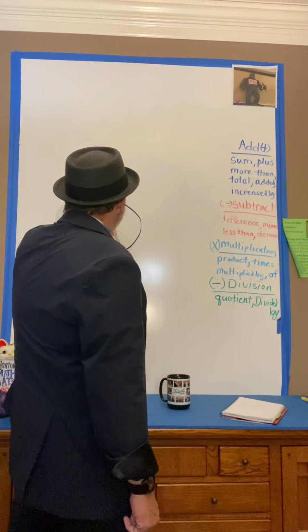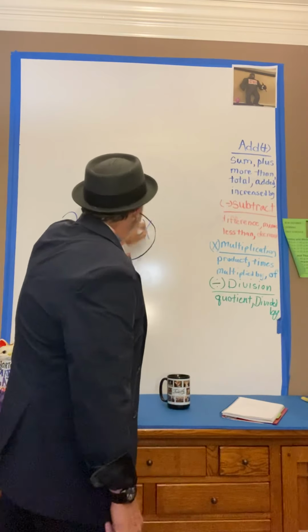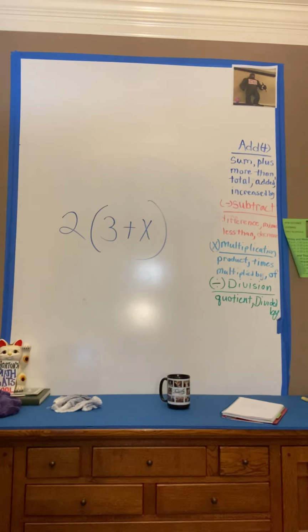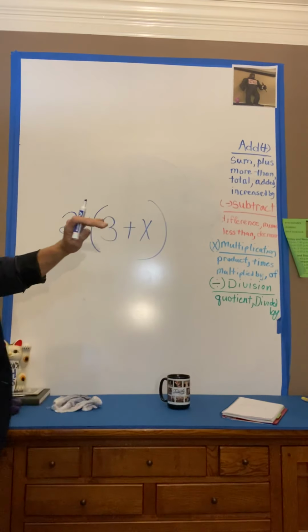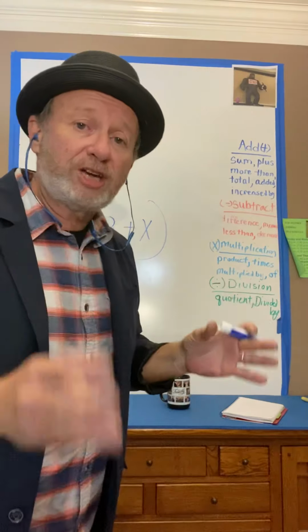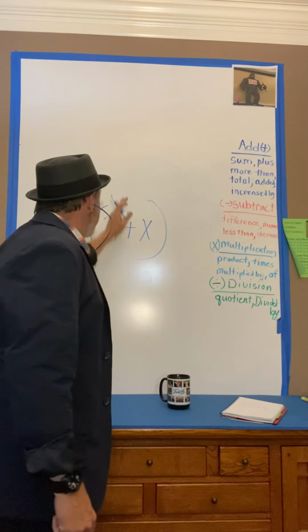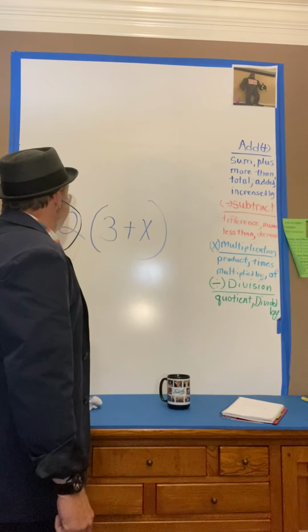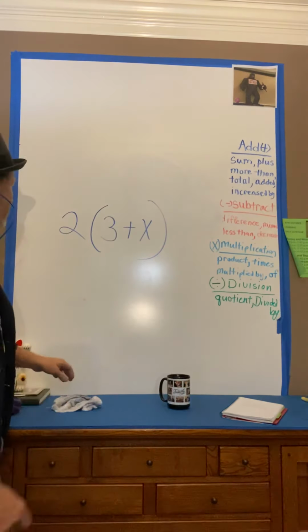I'm going to put it in parentheses. Sum means add, so 3 plus x. Twice the sum of 3 and x would be 2 times (3 plus x). What you should do is take the sum part first, so 3 plus x, and then twice that would be multiplying by 2. Does that make sense? All right.